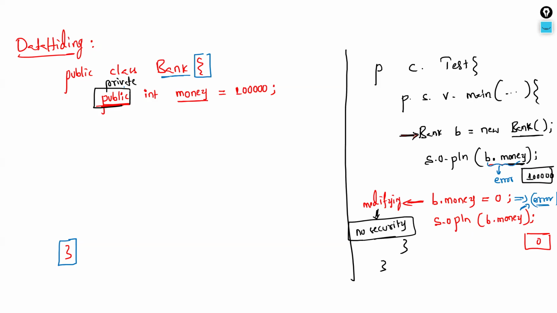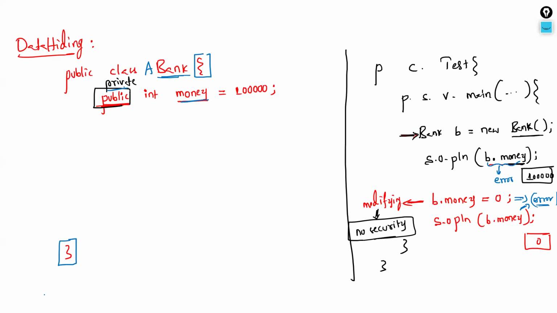If it is private, is it available for me? No. Assume my account is with some A bank. They will write this code, or their developers will write this code, so they are making this variable, my money or my balance, private.